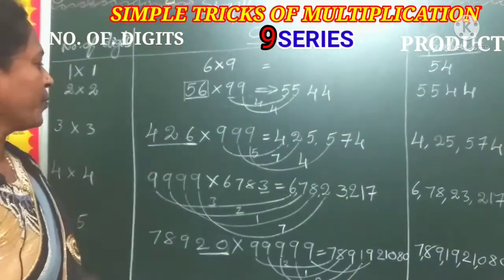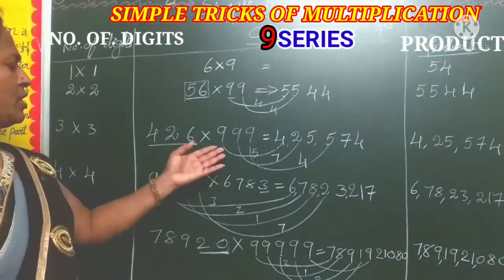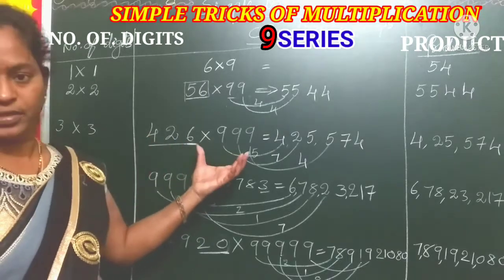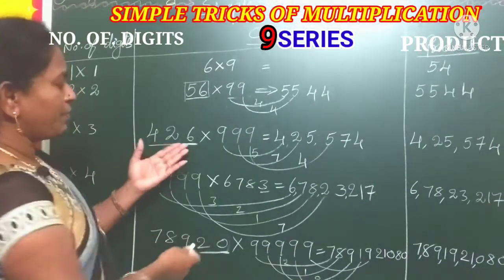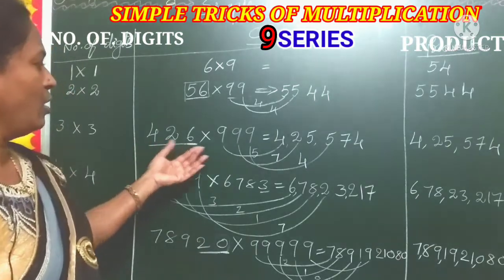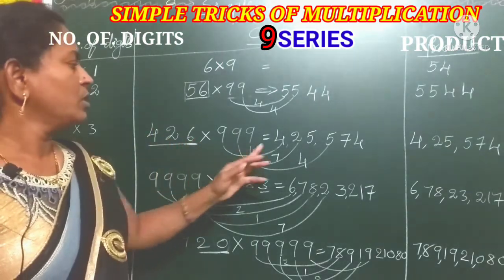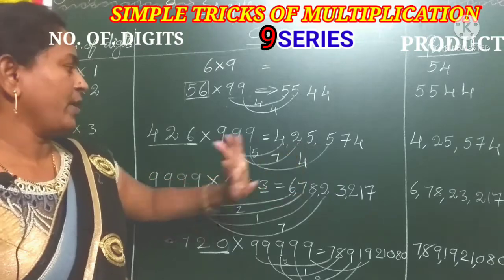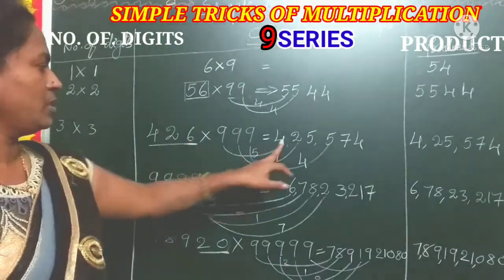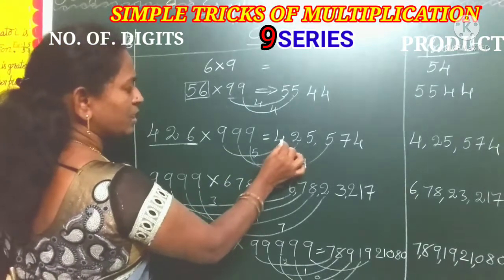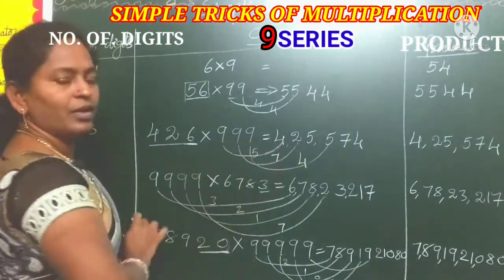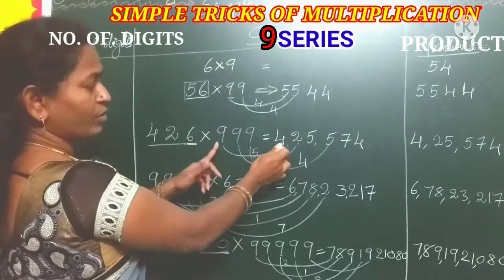And next one, a 3-digit number, 3-digit number into 3 nines, right? See here also what we did, subtract 1, in the sense 400 to 25, yes or no? 26 means here 25. Right, now what we did here, just the difference of the numbers, just leftmost places.